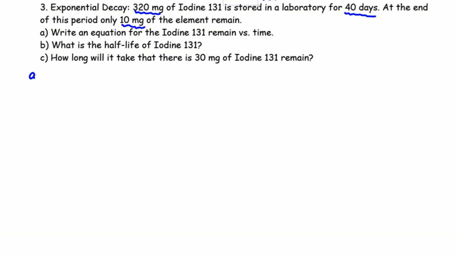So question A, we are going to write the general formula out, then after that we determine A, the initial value, is 320 milligrams, and the B value is unknown. So X is 40 days.